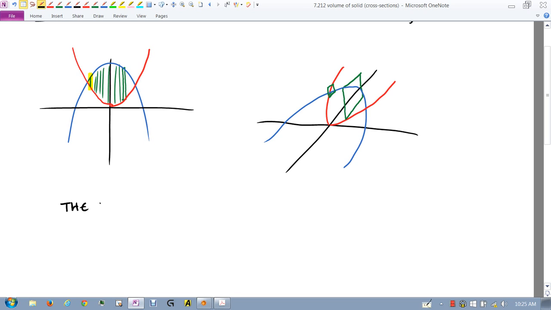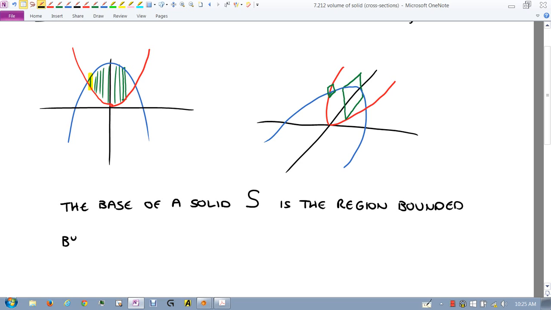The base of a solid S, S for solid, the base of a solid S is the region bounded by y equals 5 minus x squared and y equals 1/4 x squared. So we're sticking with those same parabolas.